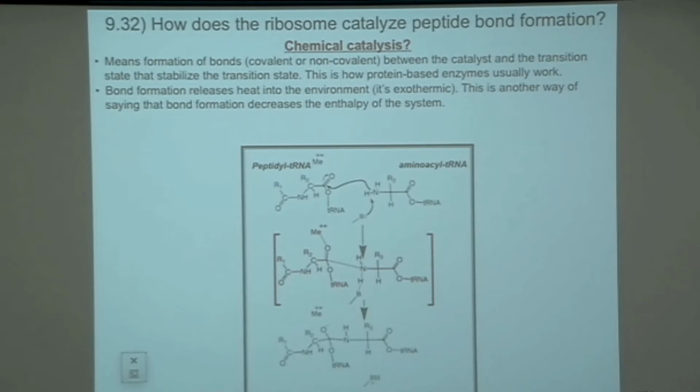This is another way of saying that bond formation decreases the enthalpy of the system. You might have learned in freshman chemistry that the enthalpy change is just the change in the heat of the system at constant pressure. So as long as you're at constant pressure, the change in enthalpy is the same as the change in the heat energy, right?